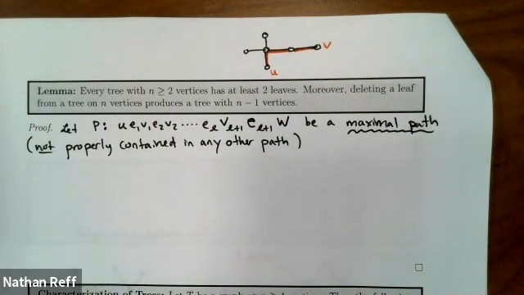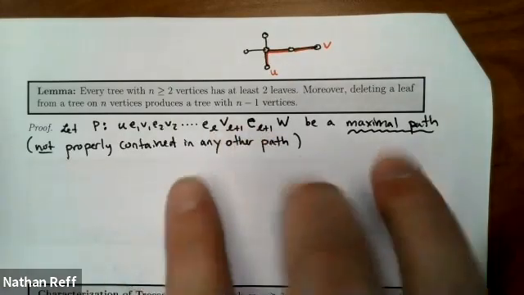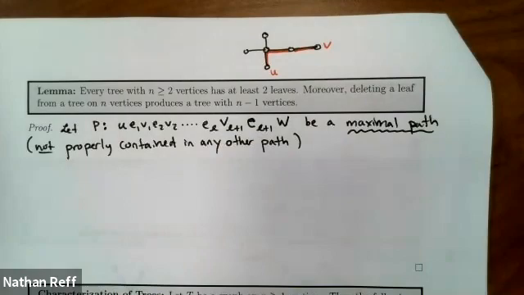A maximal path could just be a really simple one. But even if it had cycles, or whether it was connected or not, you can still make an assumption like this. So this is a very useful technique to remember in general for this course. You can always assume that you have a maximal path.